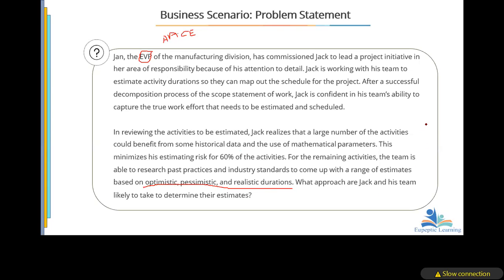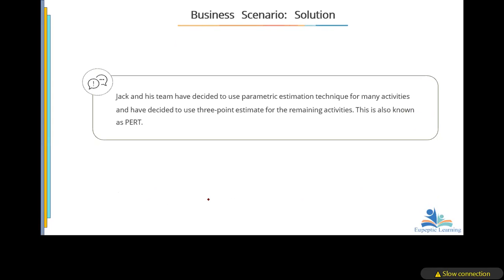Yes, PERT. Don't worry, we'll look at that. Okay, so what approach are Jack and his team likely to take to determine their estimate? You see here, what did I say? PERT, is that not it?